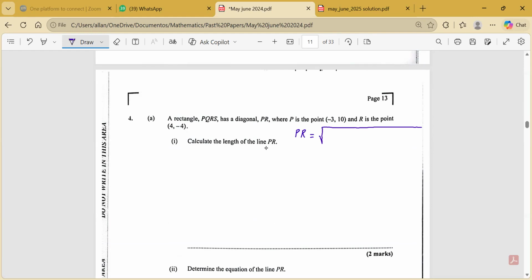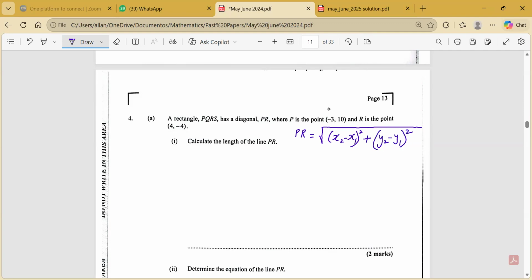Hello? Oh, what he said was right. It's like finding the hypotenuse. We're using x2 minus x1 squared plus y2 minus y1 squared.